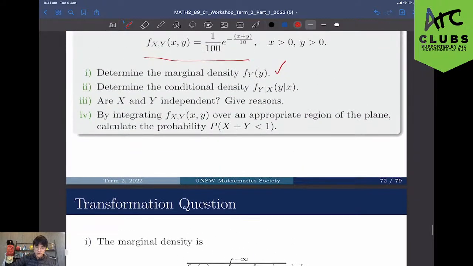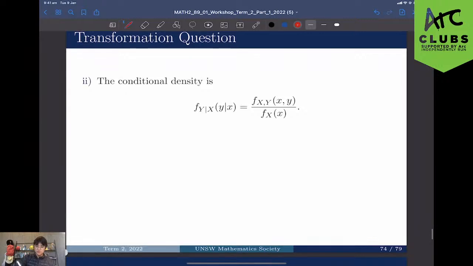The next part is to find the conditional density of f(y given x). So we remember that the formula for conditional density is equal to the joint density over f_X, in this case, since it's given that X equals x. And yeah, we have this already.